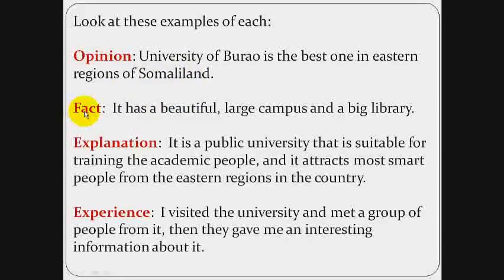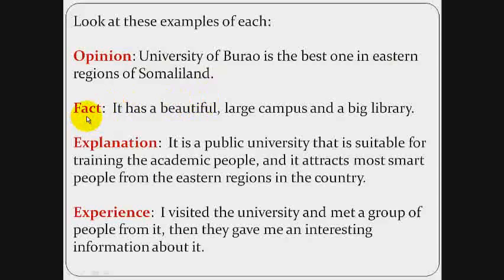This is a reason. This is another reason. This is another reason. All of them are supporting this topic sentence. So reason 1 is a fact. Why University of Burqa is the best one in eastern regions of Somaliland.